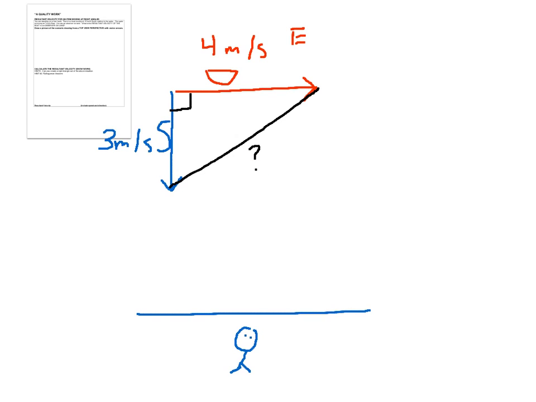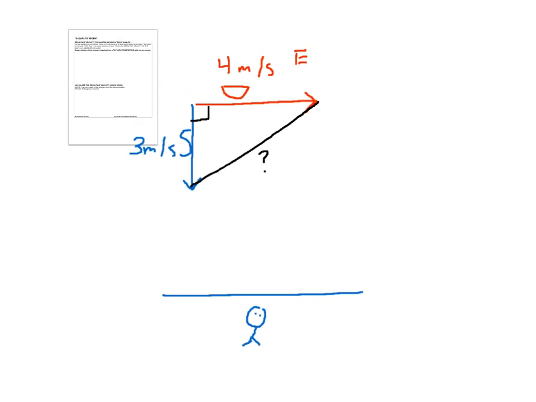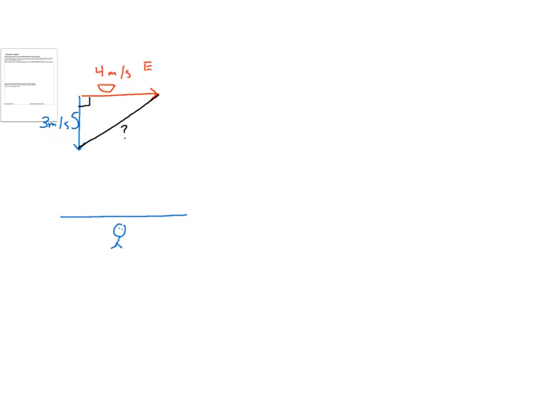So how do I solve this? You would simply take a squared plus b squared equals c squared. You can let this value equal a and this value equal b, and the important thing is you allow this value to equal c.